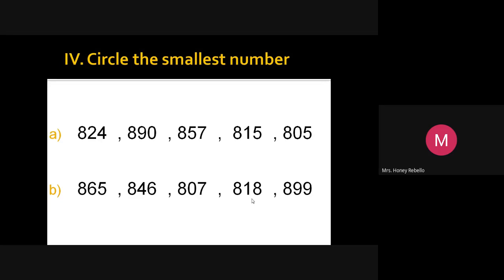Just underline. 15. 05, that's only 5. Underline that. When you come to school, we'll explain to you clearly. Now, smallest number, the first row. 24, 90, 57, 15, 5. So 805 is the smallest number.